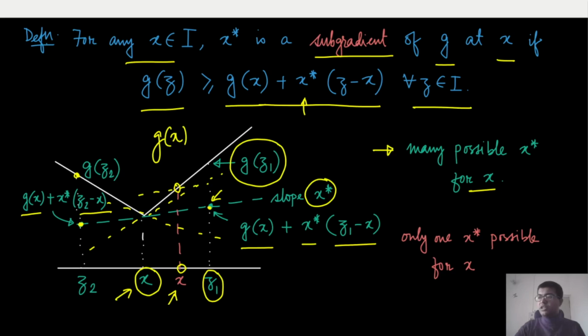For instance, this will not be a subgradient, because the curve goes below this line at some z's which also belong to I. So the only possibility is the gradient. The gradient coincides with the subgradient when the function g is differentiable.